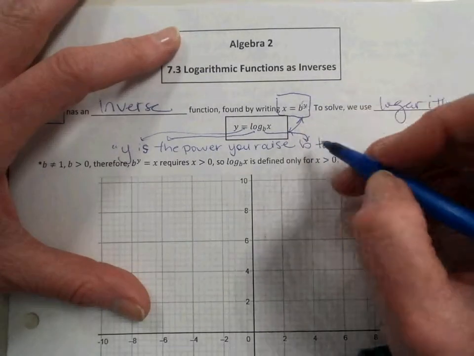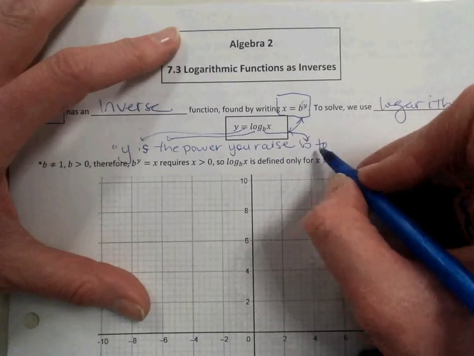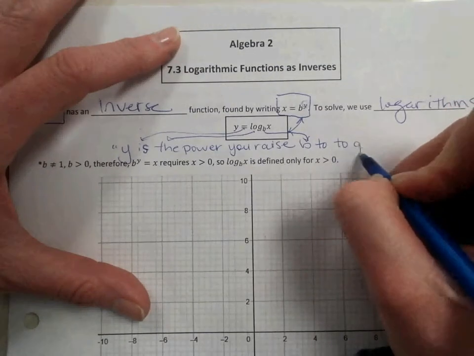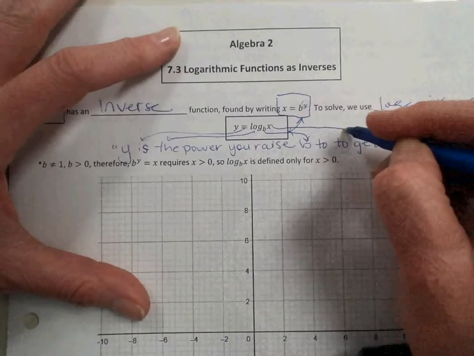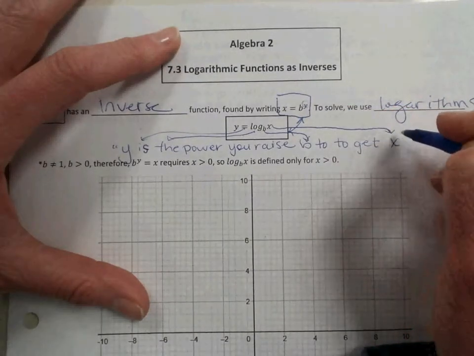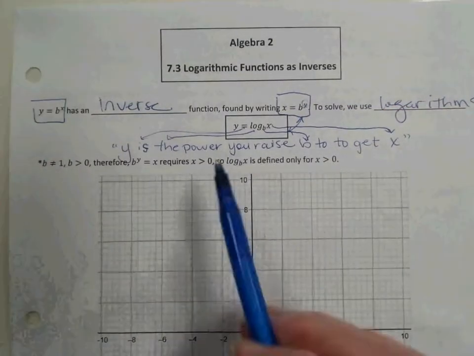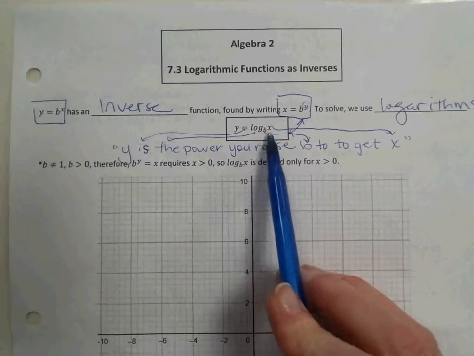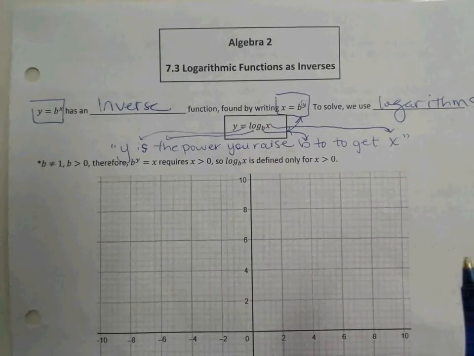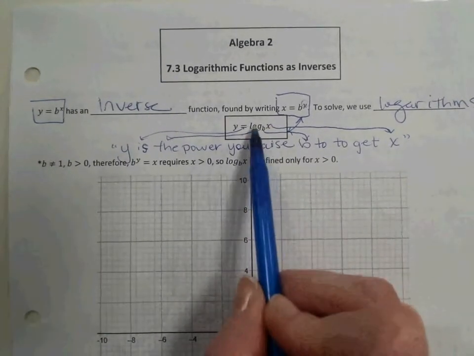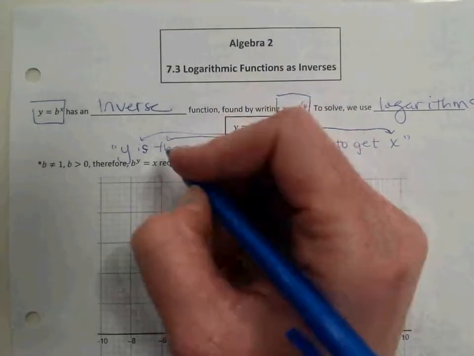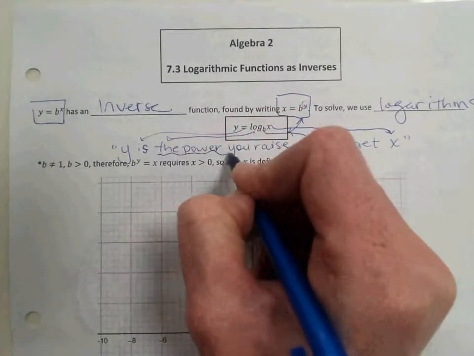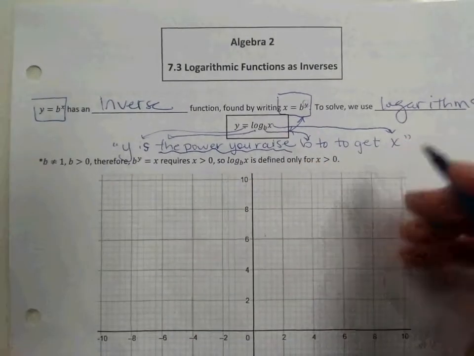The power you raise b to get x. Y is the power you raise b to get x. So if you just think about this symbol, log, translating into the power you raise, it'll make things go a lot easier.